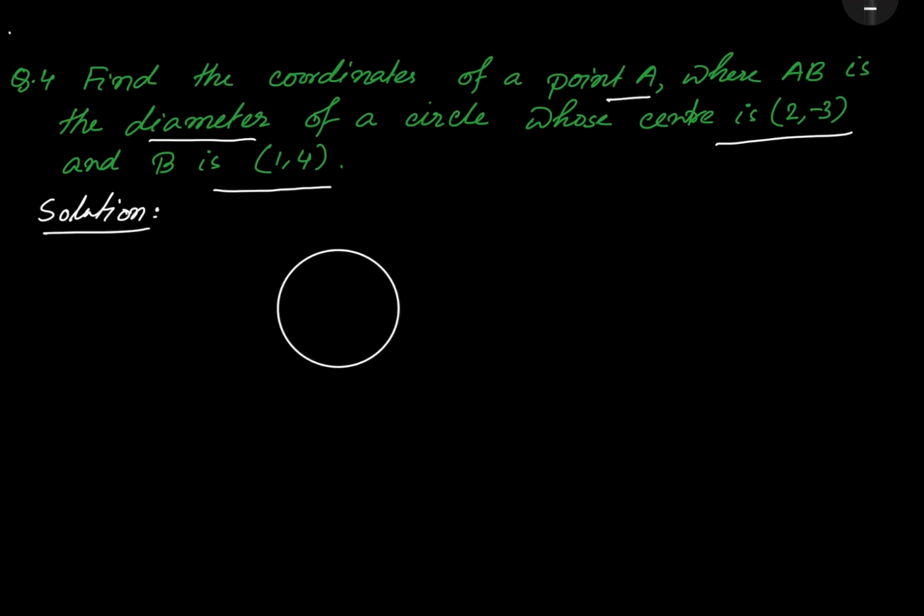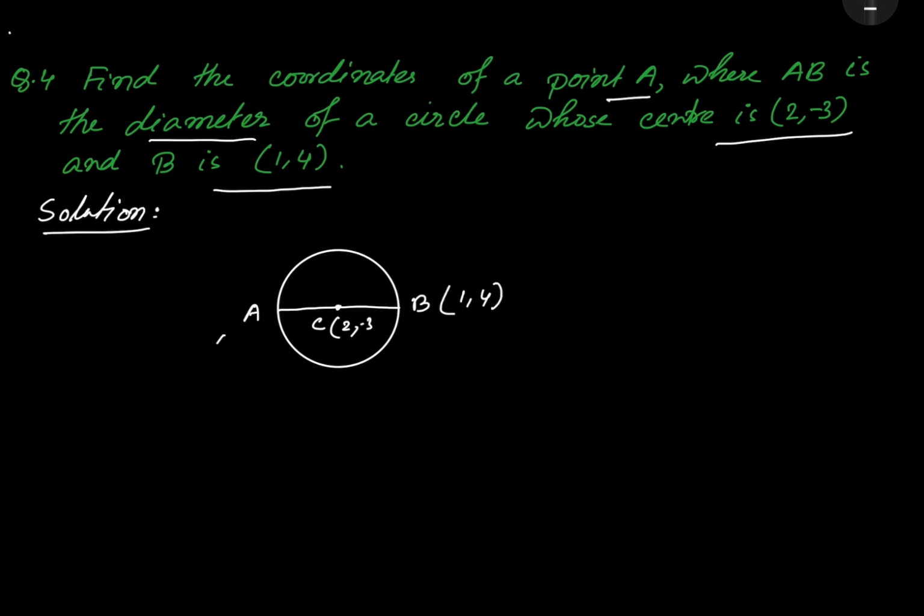This is the circle and AB is the diameter, so A, and this is B. Now the center C is given as (2, -3) and point B is given as (1, 4).